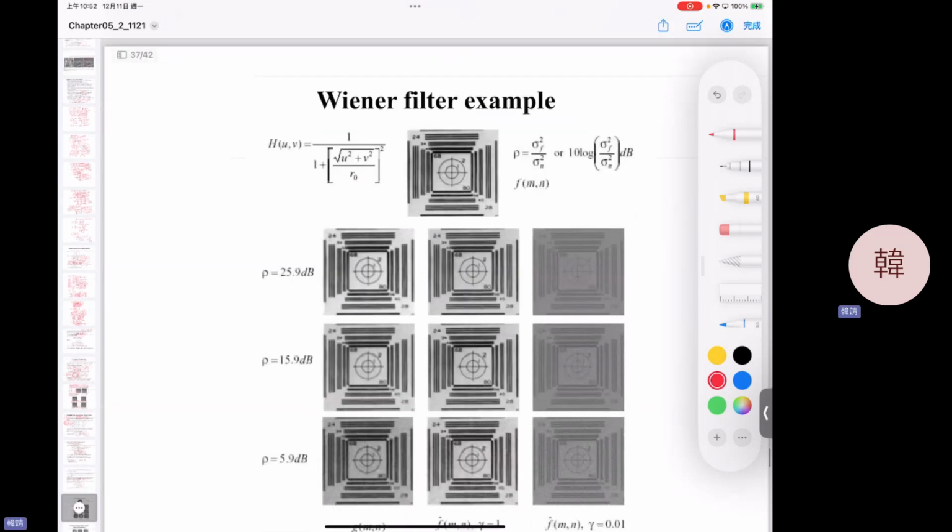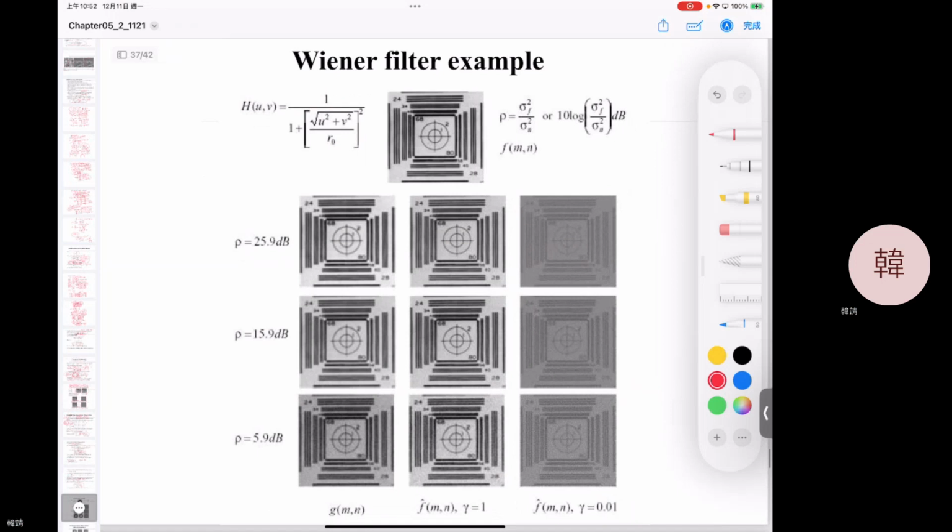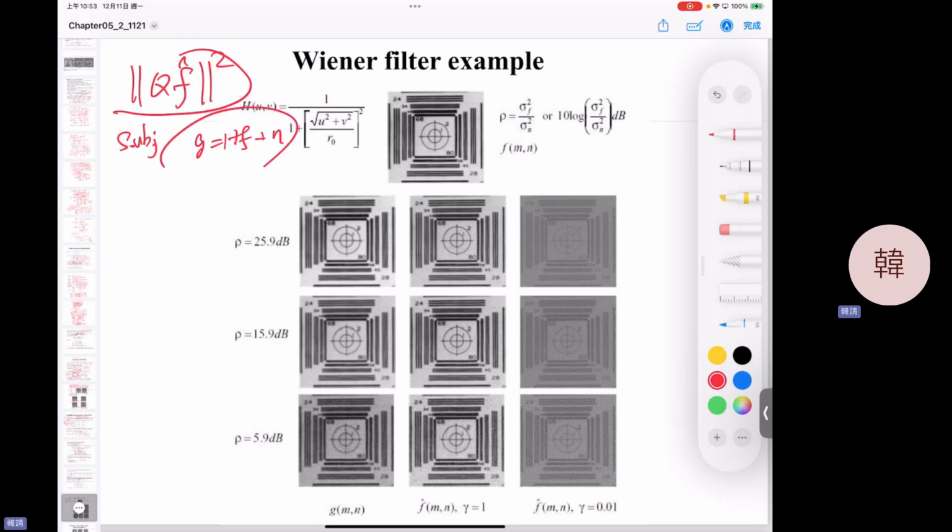This is the example for this Wiener filter. All based on this optimization problem, and we have different designs for this Q. Remember, our objective function is Q times f, and we try to minimize this, subject to our g equal to Hf plus eta.